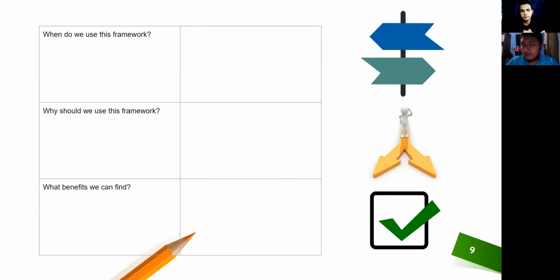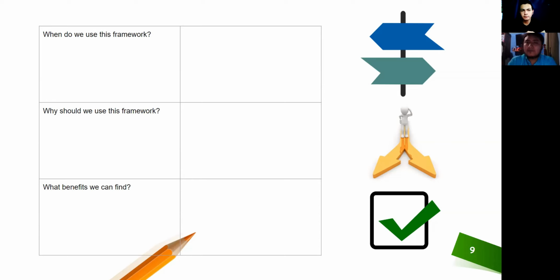We have different contexts, different classes, different students, and these are the questions that normally come to our heads, like, when do we use this framework then? I mean, I can see that it is really good to make the students follow a path, but when do I need to use this? And why should I use this framework?